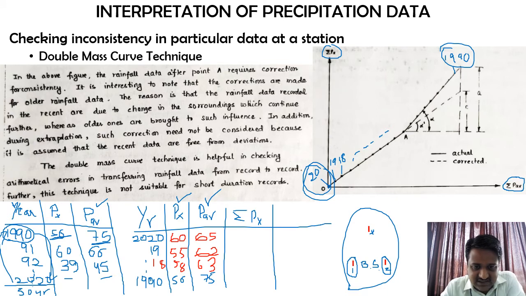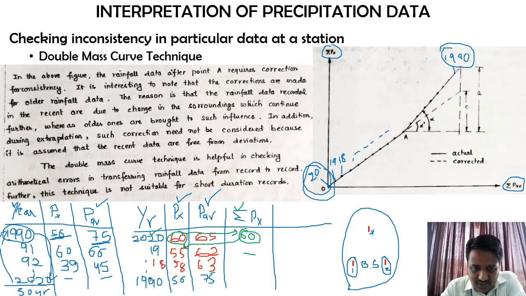Keeping that in mind, whatever the first value is going to be here, px for 2020, which is available, the same value will come in this column. So here it is going to be 60 again. Now since it is a cumulative value, sigma p, the next value which is going to come over here will be whatever the value is over here plus the next value in the px column.